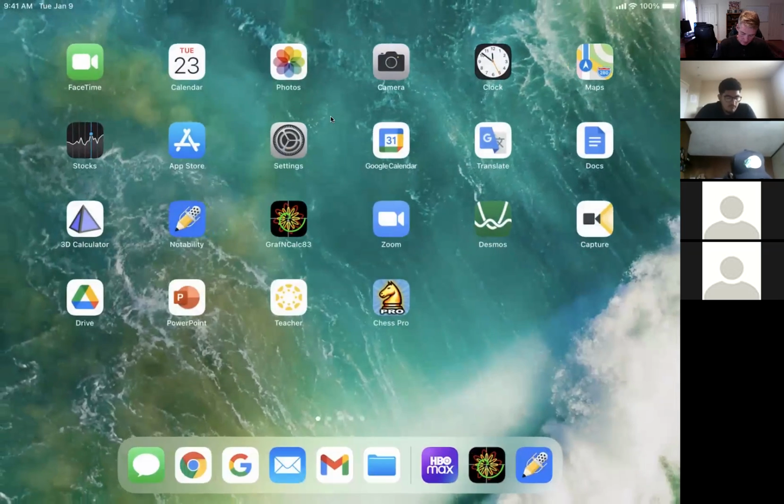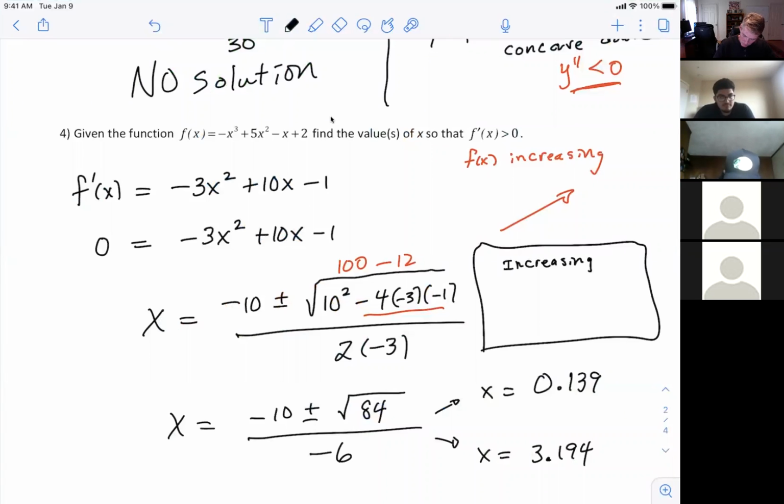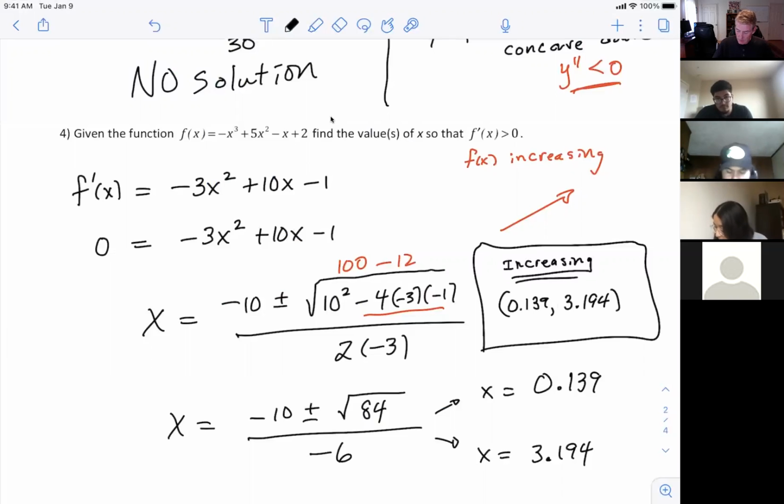So then my final answer is between x is 0.139 and x is 3.194. So whenever you say where it's increasing or decreasing, then you give the interval for the x's.